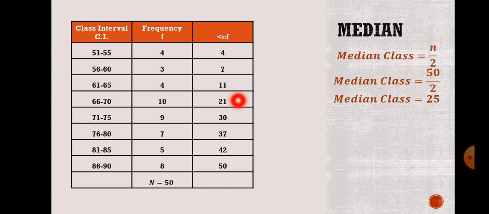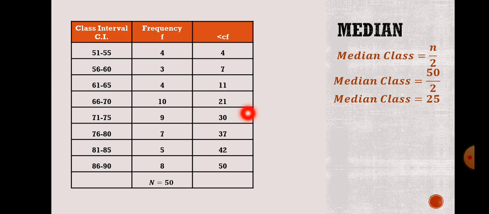Pero hindi natin pwedeng i-consider si 66 to 70 as our median class kasi yung computed value natin is 25, which is higher than 21. So therefore, proceed tayo doon sa next, which is 71 to 75 with the corresponding frequency as 9 and less than cumulative frequency as 30.